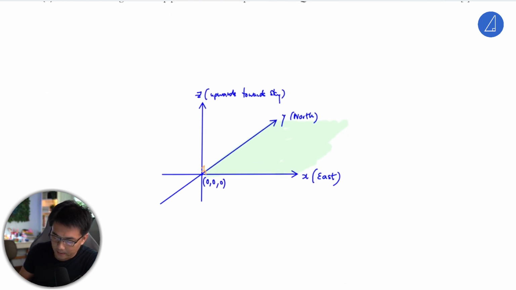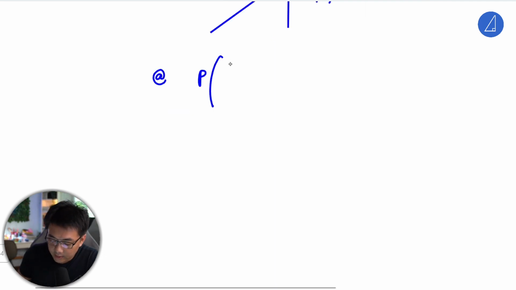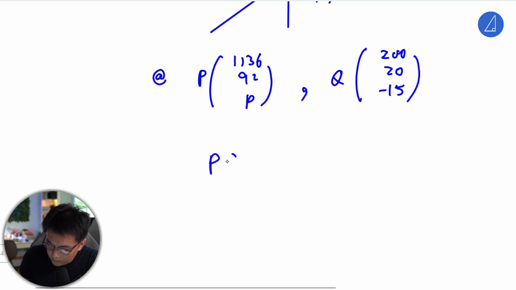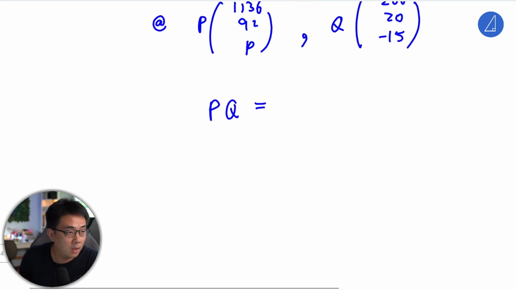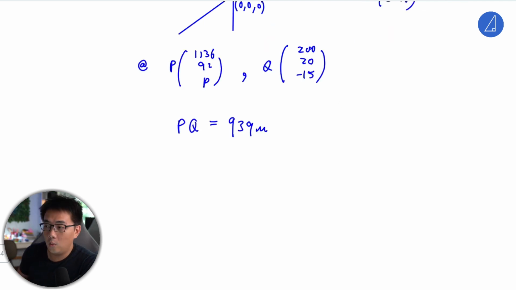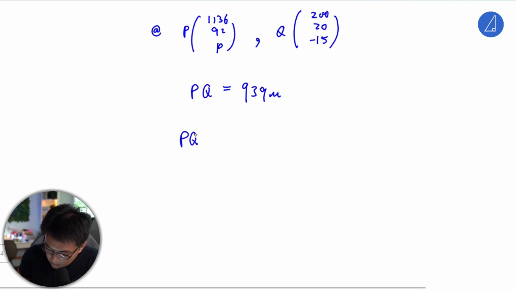For part A, this is what I'll do. I'll write P and Q as column vectors. P is 1, 1, 3, 6, 92, and Q is 220 and negative 1, 5. I know that the length of PQ is 939 meters. So the modulus of PQ is also equal to 939.